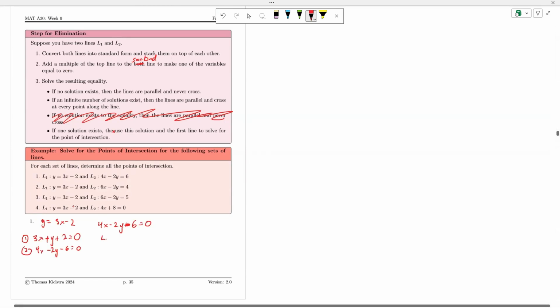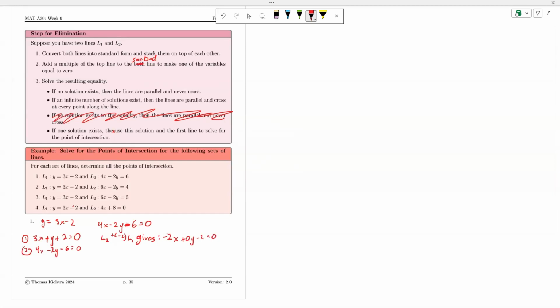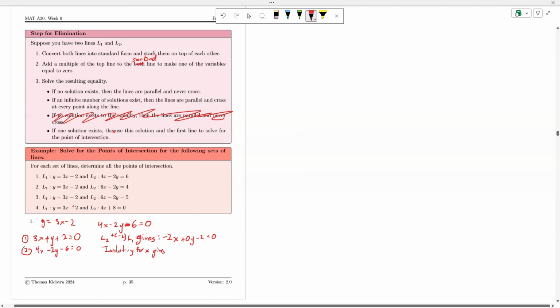We take line 2 and add minus 2 line 1, and this gives minus 2x plus 0y minus 2 equals 0. Isolating for x gives x equals minus 1.